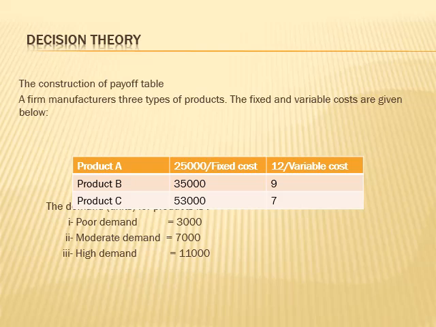Now, given the price of a unit equals $25, then we can easily construct the payoff table based on the given data. Now we would like to learn how to build a payoff table according to the given information and data.